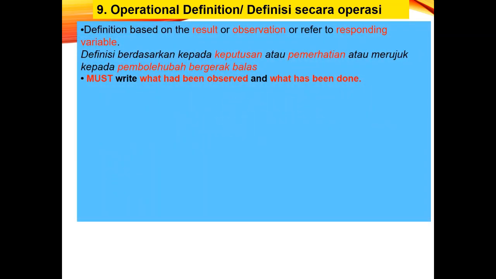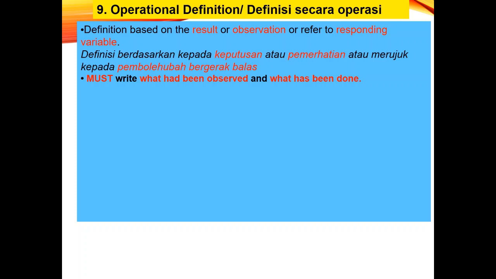Okay, we look at the last science process skill they always ask in section A. That is operational definition. So this is also the most difficult part for the student to score. So how to write the operational definition? So when we write the operational definition, you need to write based on the result or the observation or referring to the responding variable.